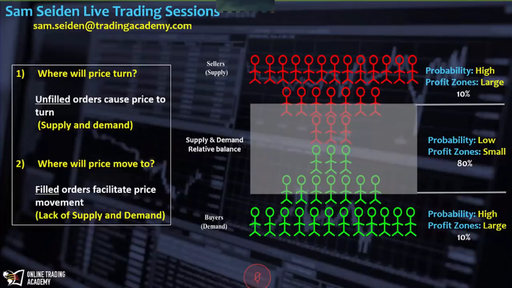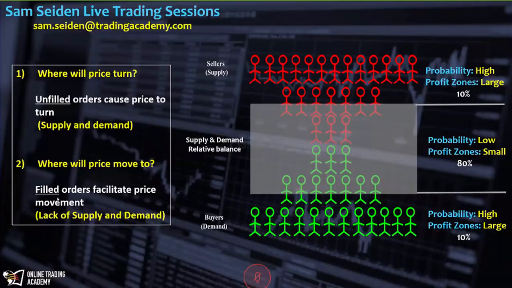Prices then move higher and finally reach a level where supply exceeds demand. Once the last buy order is filled at that point, prices fall because of the competition to sell. That's this area down here on the screen and the area up here. So unfilled orders cause prices to turn.